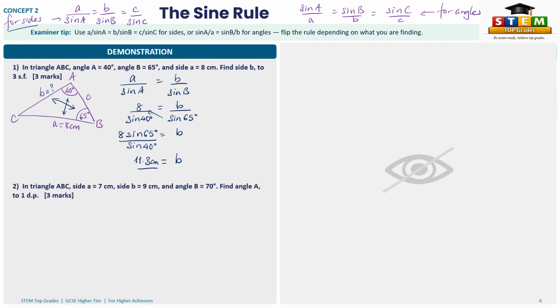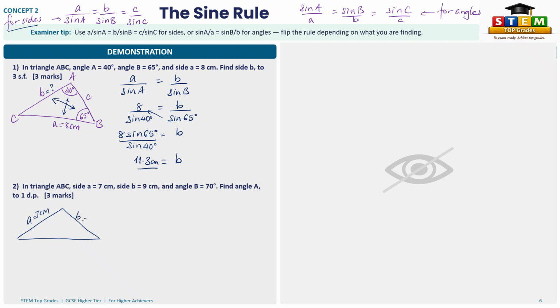Okay, so now moving on to question 2. In triangle ABC, two sides have been given. So again, I'm just going to be drawing any type of triangle really. Okay, so we've got A, it does not really matter, it's not to scale.